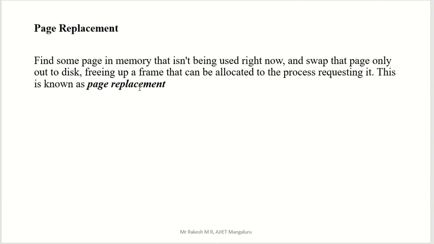This is known as page replacement. We make one of the frames free, and with the swap in swap out concept, we load that particular page inside your main memory. That is called page replacement.